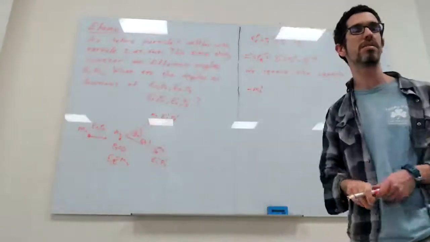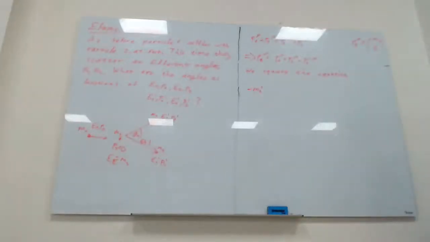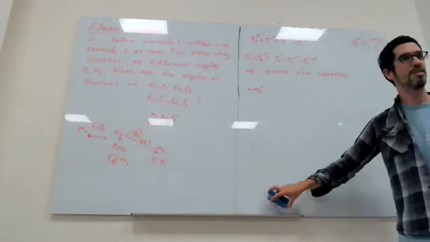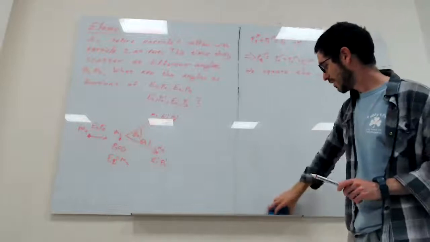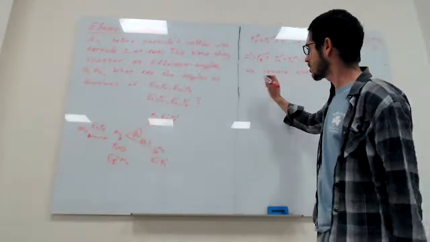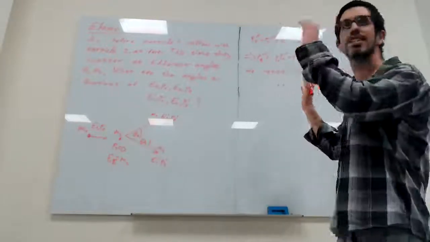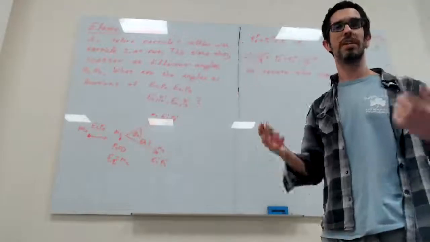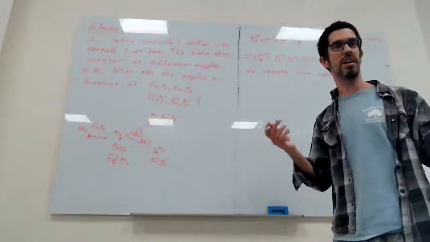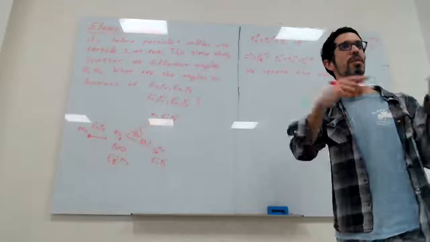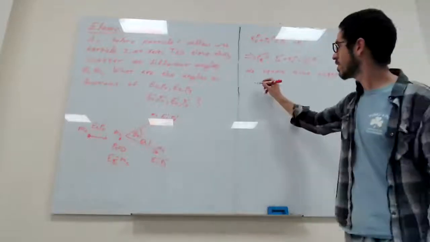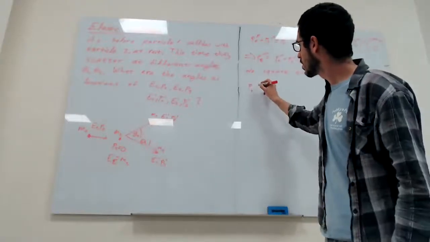Why is the minus? It's important: if we square, we don't just square like in mathematics; we square like a vector. So P mu squared comes out to be minus m squared c squared.